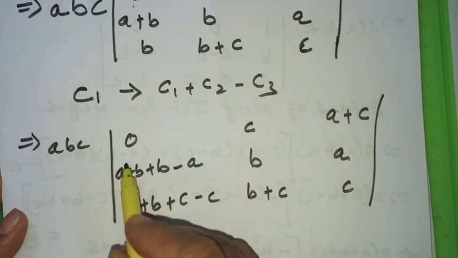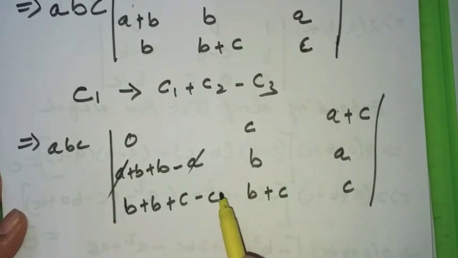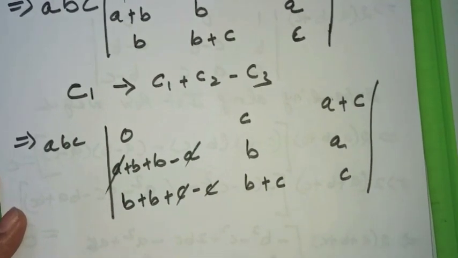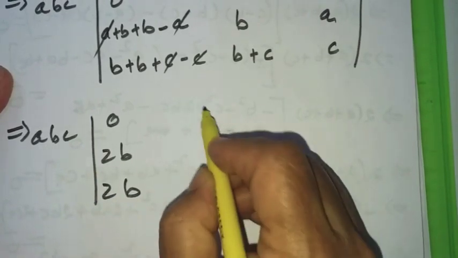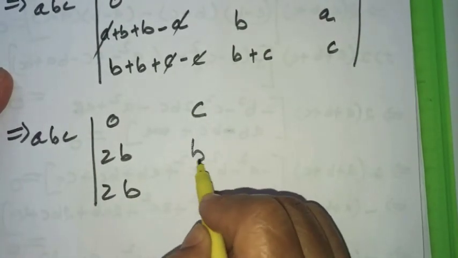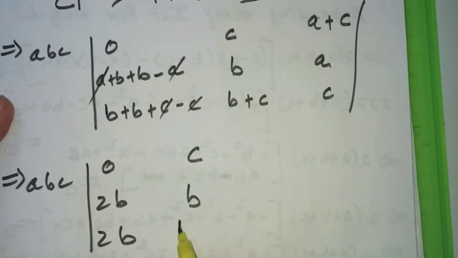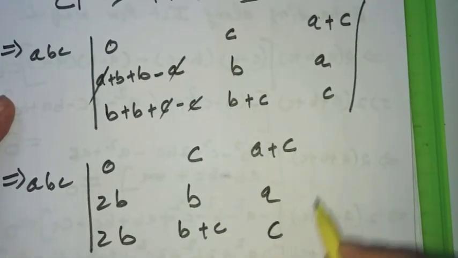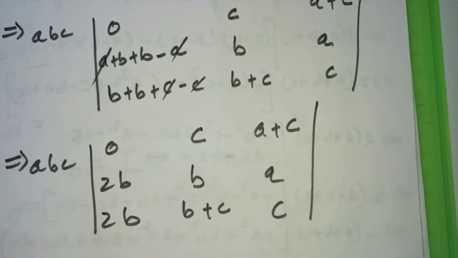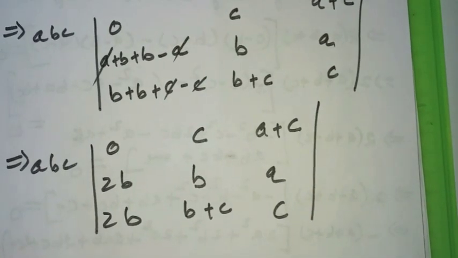So now I cancel this a from here and this c from here. So we are left with abc, 0, 2b, 2b, c, b, b plus c, a plus c, a, c. We are left with this determinant.